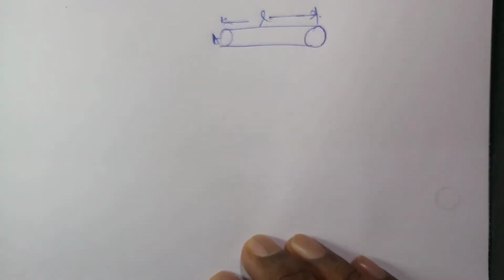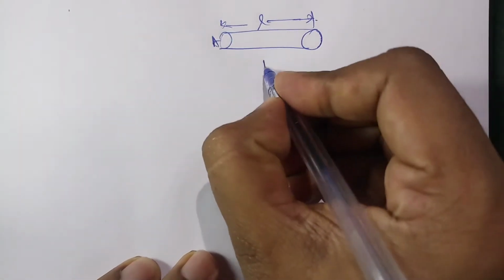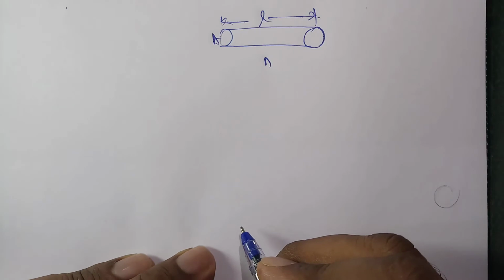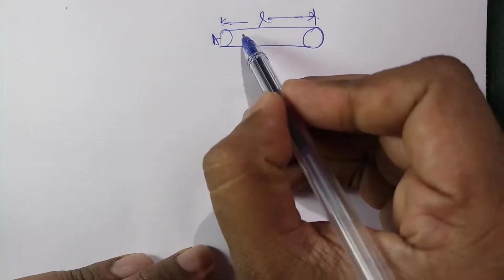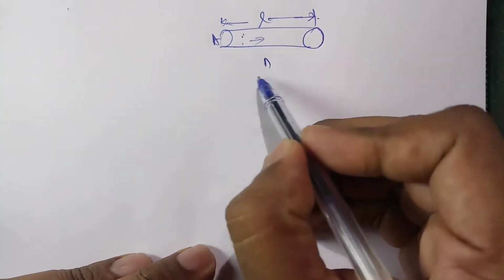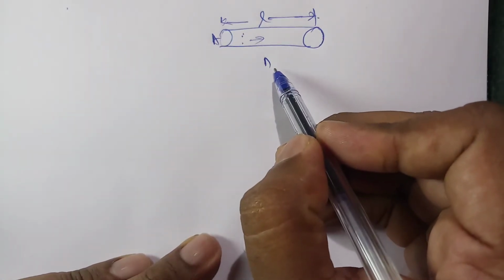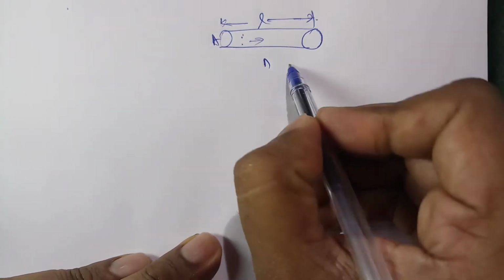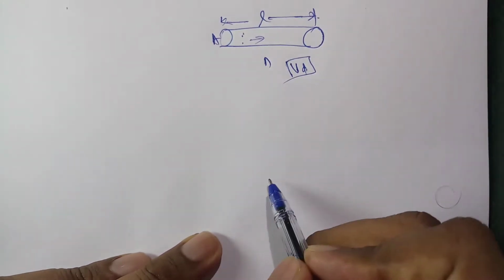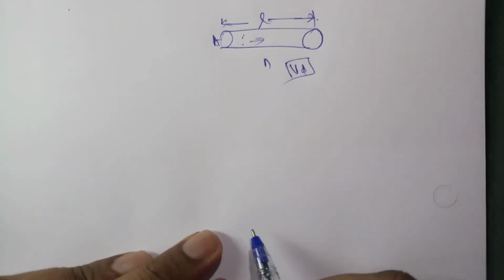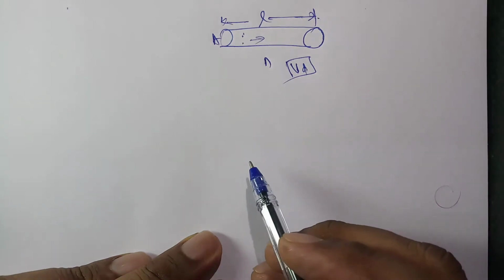Let n, a small letter n, be the number of charge carriers per unit volume. Now you can see electrons will be moving here with a velocity Vd, which is the drift velocity.